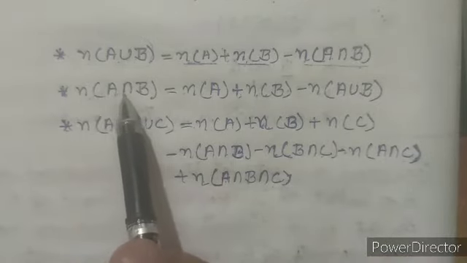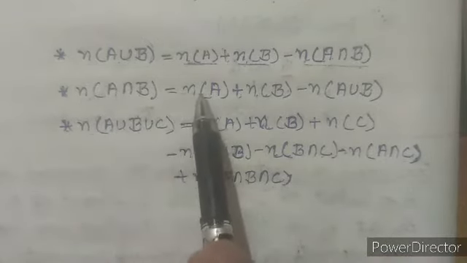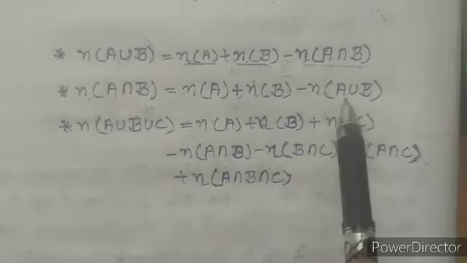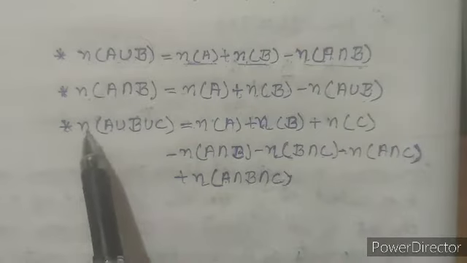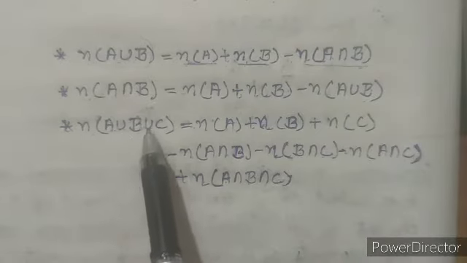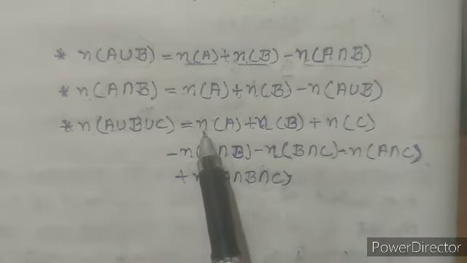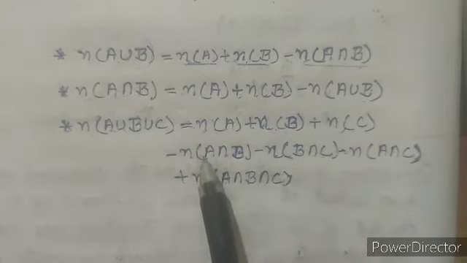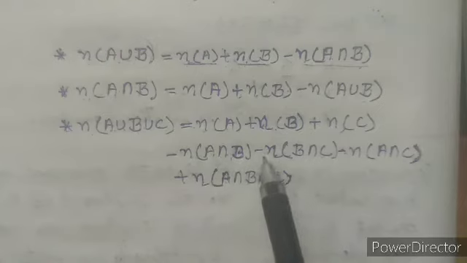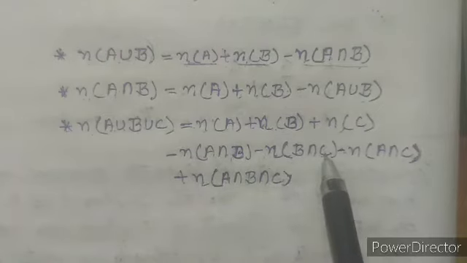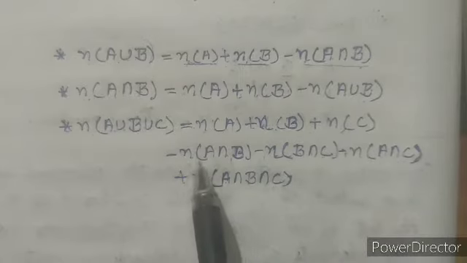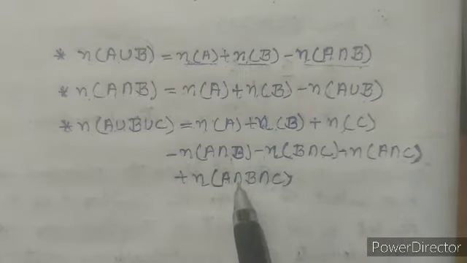Similarly, n(A intersection B) will be equal to n(A) plus n(B) minus n(A union B). n(A union B union C) will be equal to n(A) plus n(B) plus n(C) minus n(A intersection B) minus n(B intersection C) minus n(A intersection C) plus n(A intersection B intersection C).